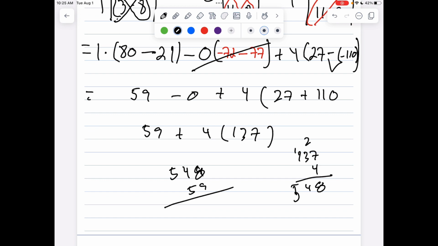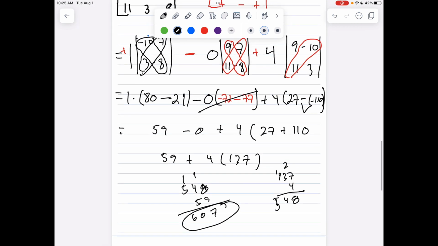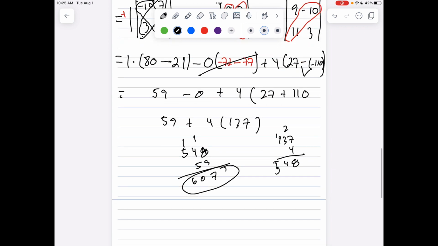Oops, 548, not 549. Plus 59, 8 plus 9 is 17, and so you get 607. And that would be our total there. Any method you chose, any row or column, you would get the same answer of 607.